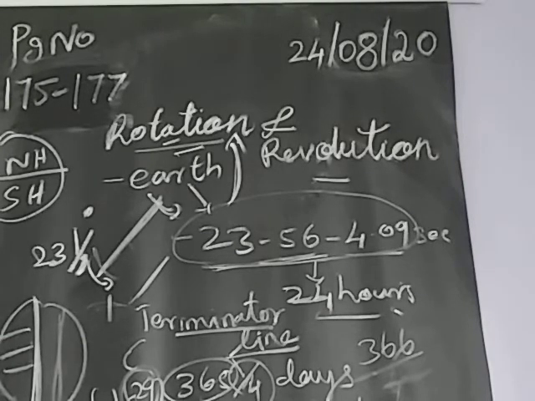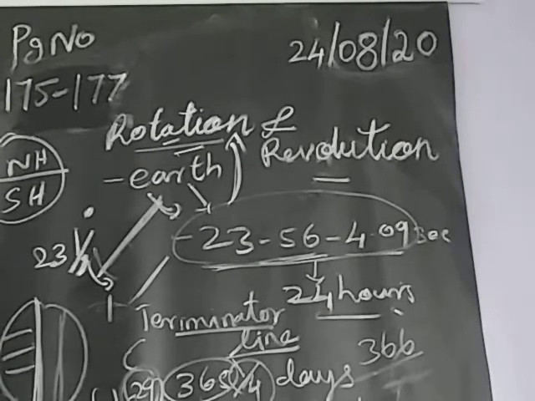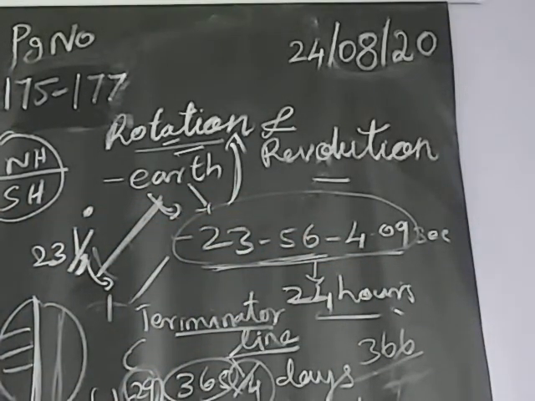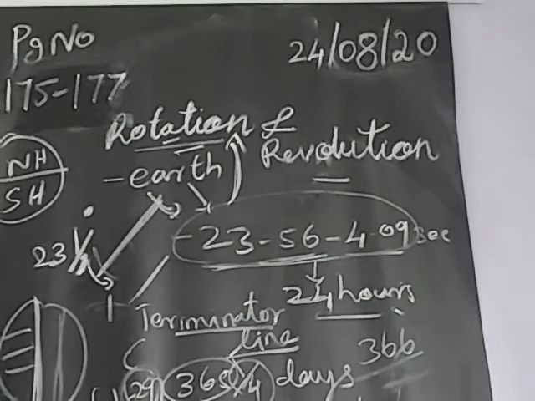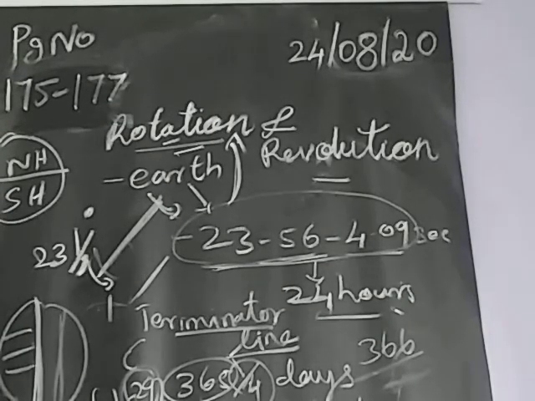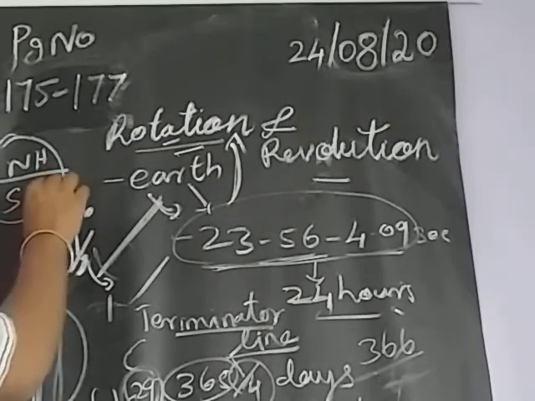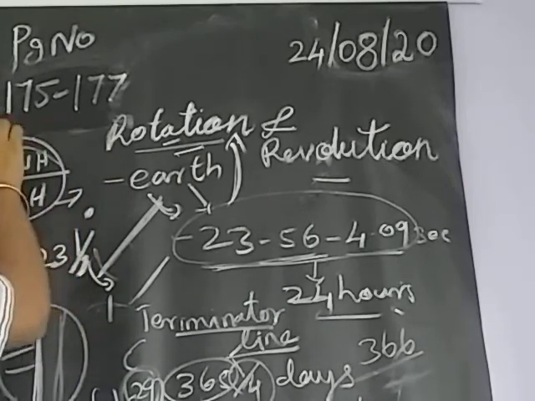What are the dates? From March 21st to September 23rd, the northern hemisphere is inclined towards the Sun. The same happens from September 23rd to March 21st, when the southern hemisphere is close to the Sun and the northern hemisphere is far away.